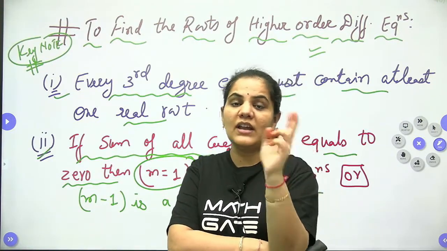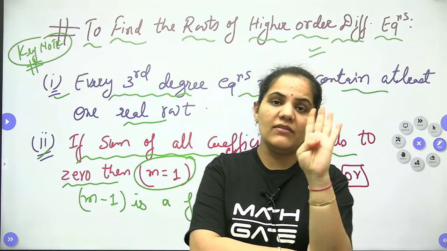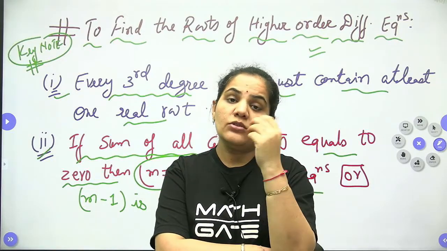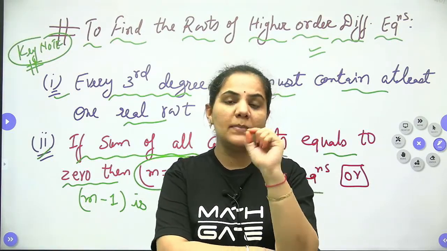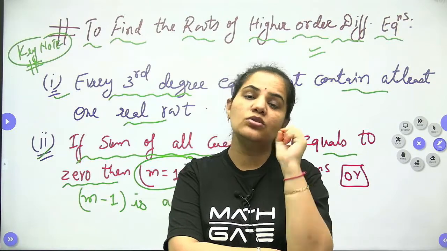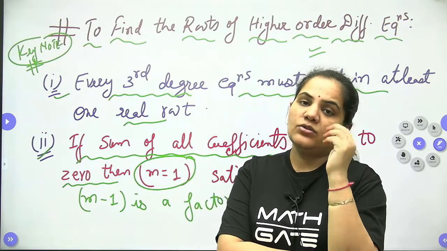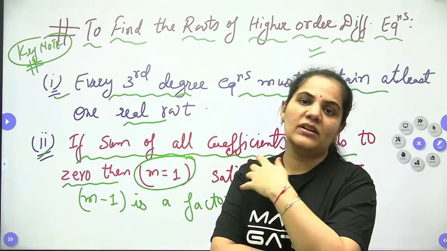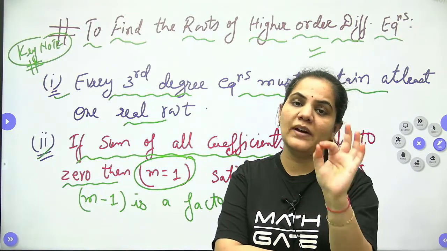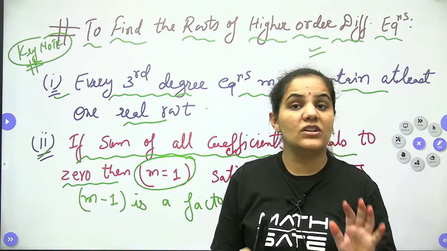Because when we have a cubic equation, or an equation with power 4, it is a typical task to find the roots. So this lecture is only for finding higher order differential equation roots.